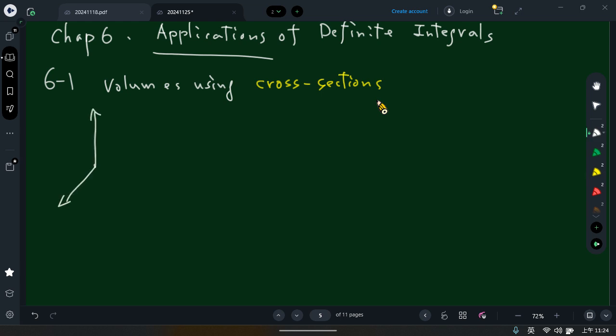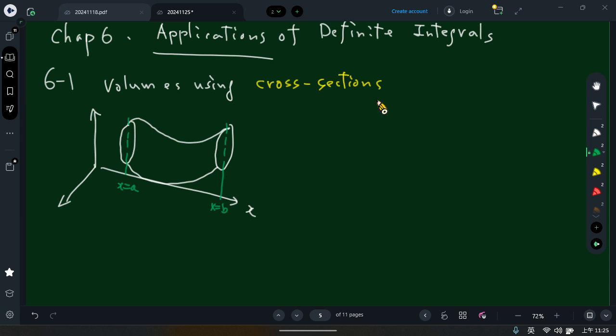If there is a volume in the space, but this is a solid, and the start point is x equal to a, and the end point is x equal to b.